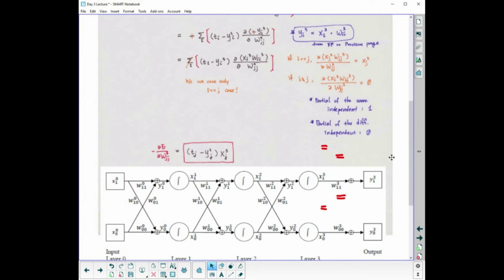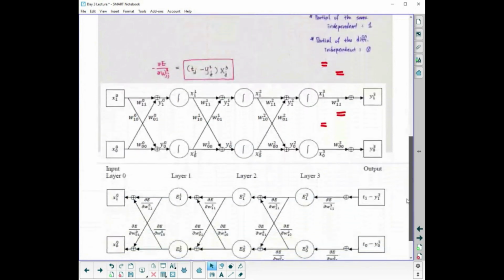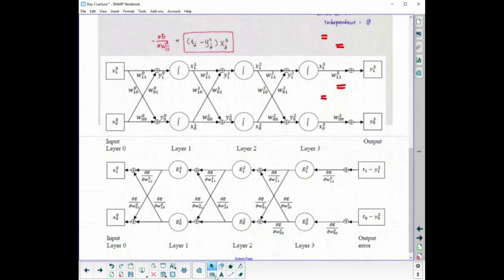Then, if I show it in the backpropagation network, you are going to build the backpropagation network by yourself. This wire's gradient vector, this wire's gradient value, means we can think about how to calculate it by using those two diagrams.